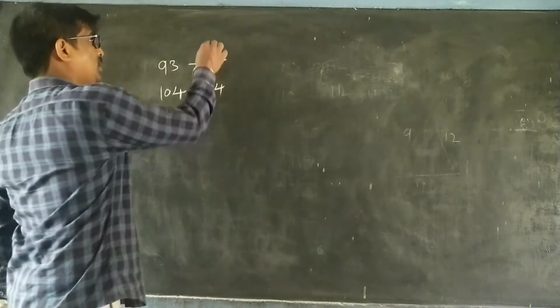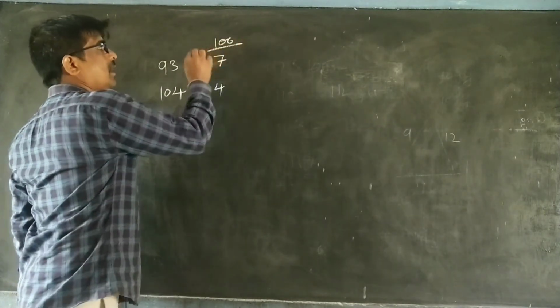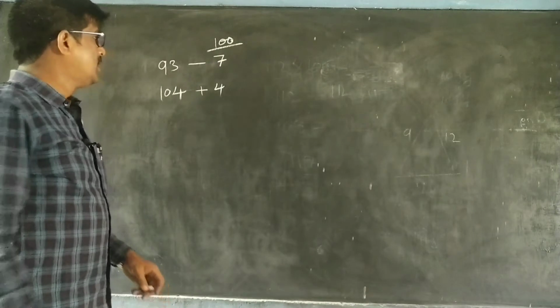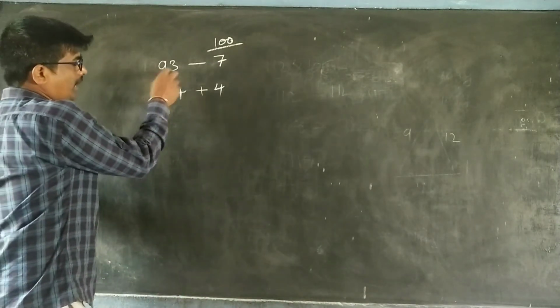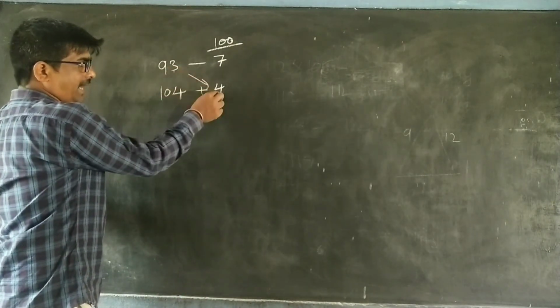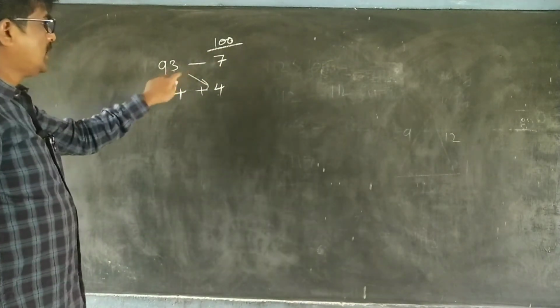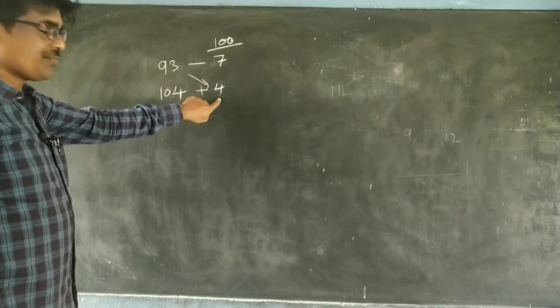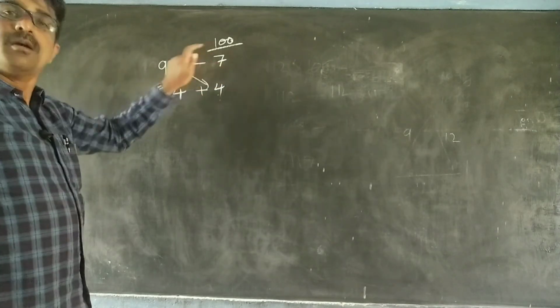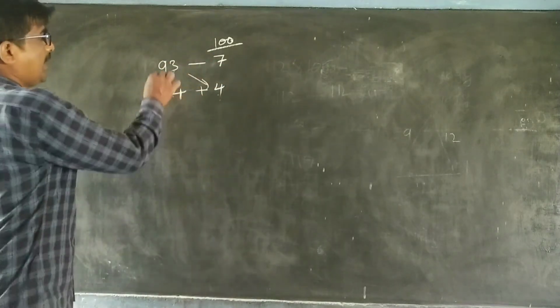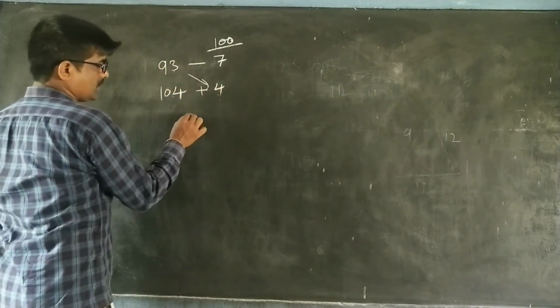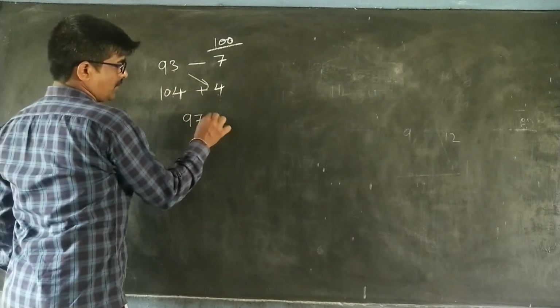The base is 100 only. Whenever you come down, you have to add, and when you go up, you have to subtract. So 93 plus 4 or 104 minus 7, both are the same.